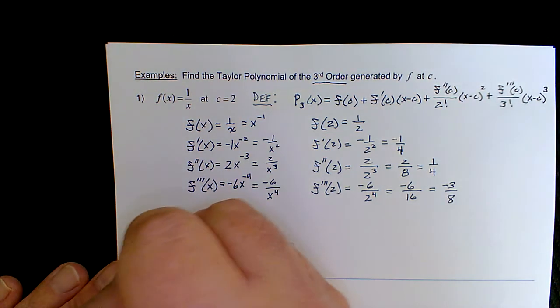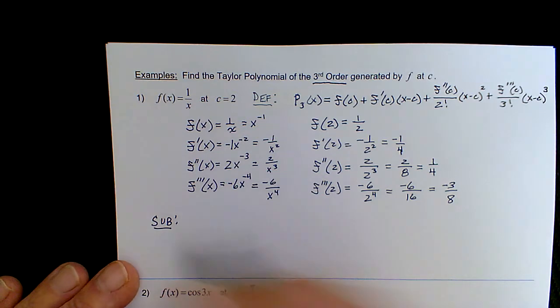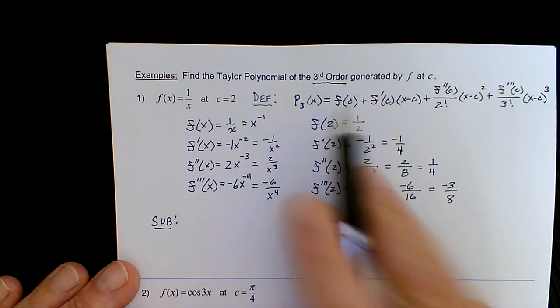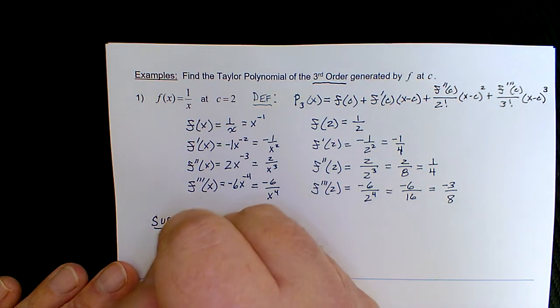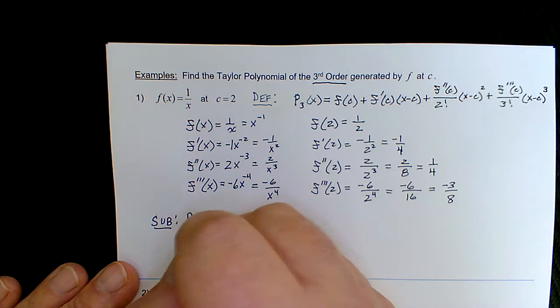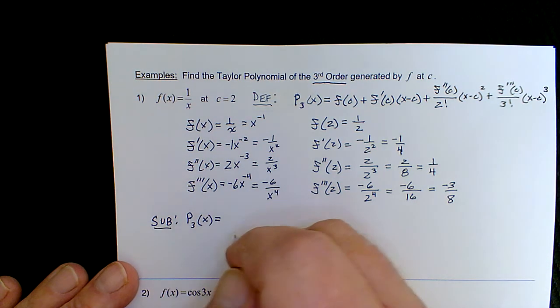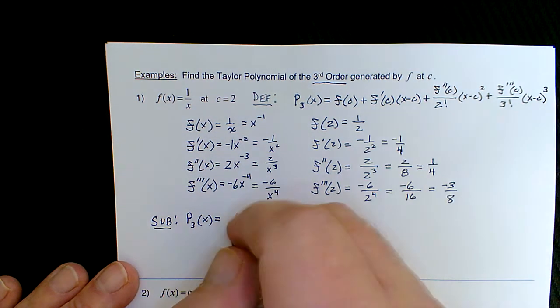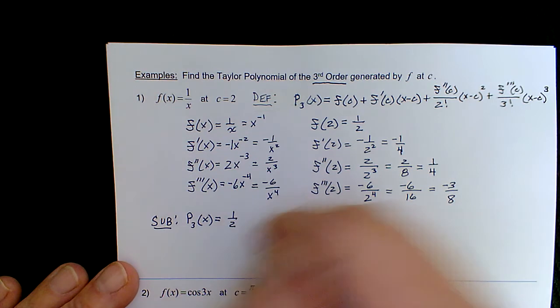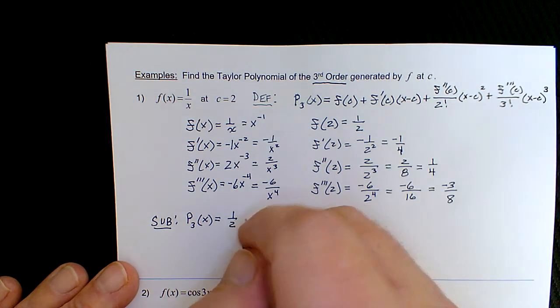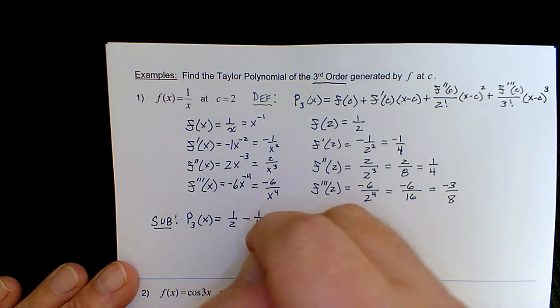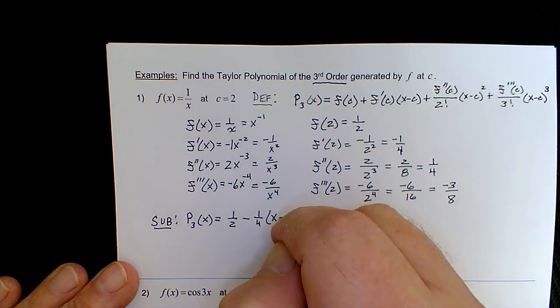Okay, so now we're ready for our substitution. And here's our definition for p sub 3 of x. And so it's f of c, that's 1/2, plus f prime of c, that was negative 1/4, so I'll write negative 1/4 times x minus c.